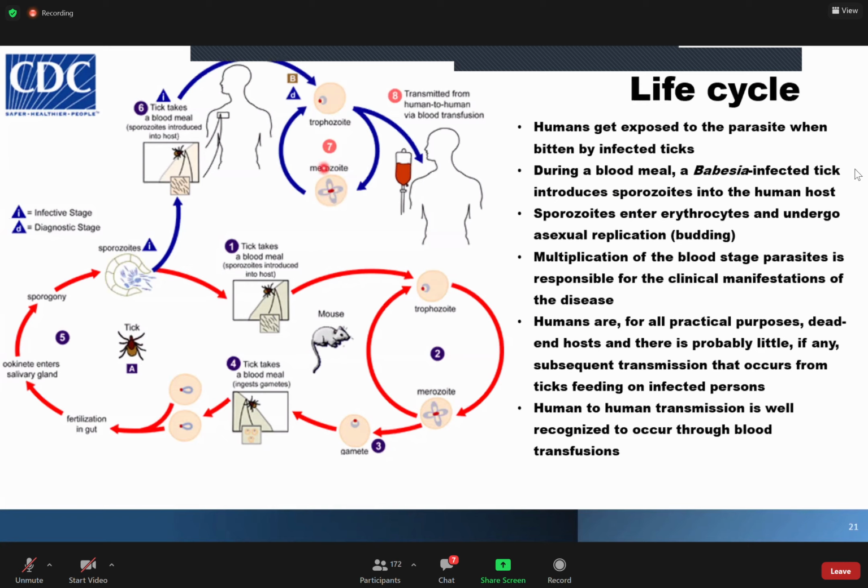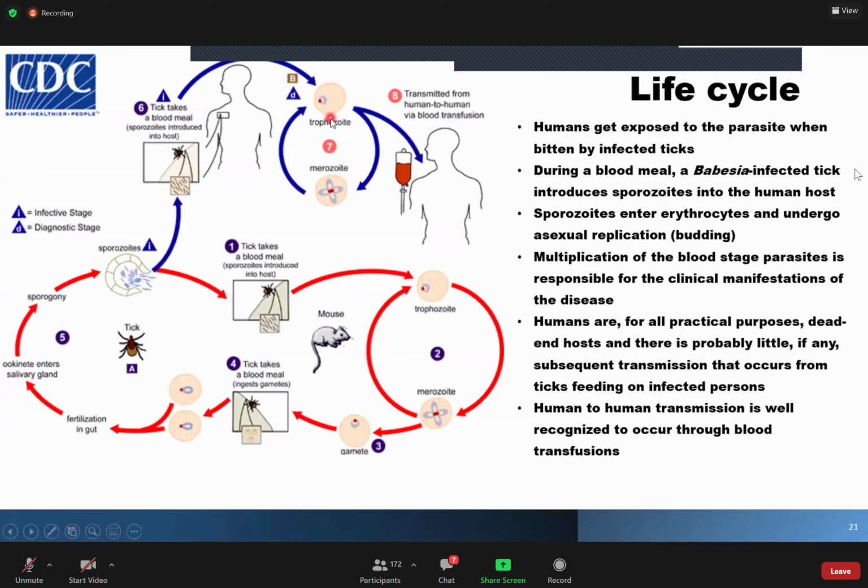Now, the merozoites, once they are formed, have a characteristic arrangement. They are arranged in fours, tetrads. So they give rise to what we call the Maltese cross. It's like you have a cross. Now, this is diagnostic of Babesia infection.